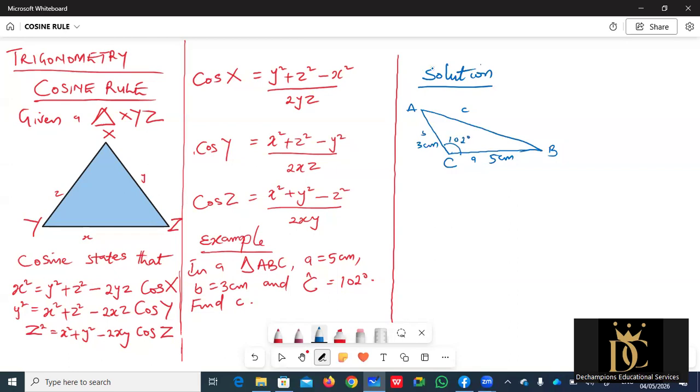So now we are going to apply cosine rule here.